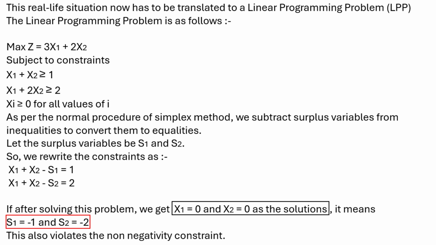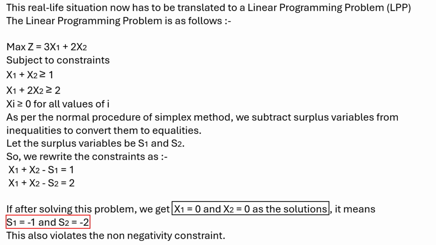Now, as per the normal procedure of the simplex method, which is the most elementary method used to solve problems related to linear programming, we subtract the surplus variables from the inequalities to convert them to equalities.